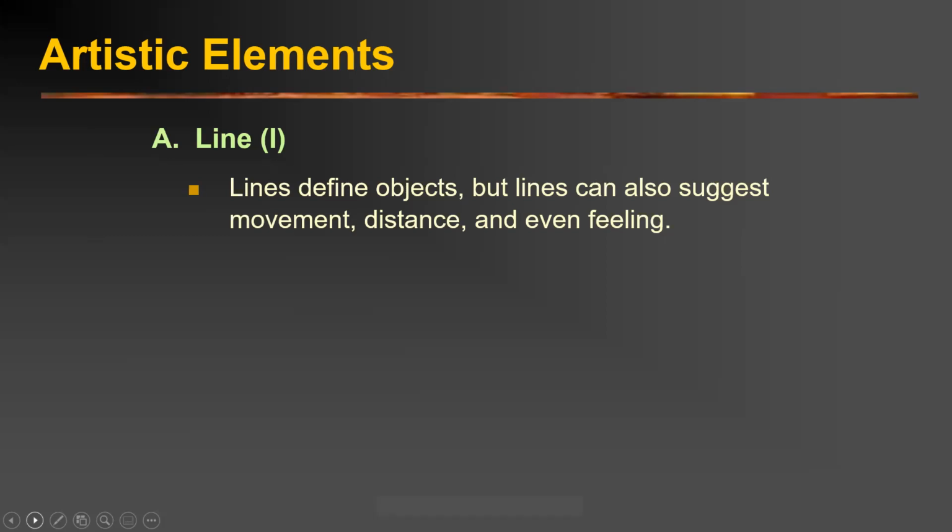Let's say the portrayal of a straight line in a particular story, it may portray strength. Movement in the use of zigzag in a particular picture, so it may portray someone is running or moving.